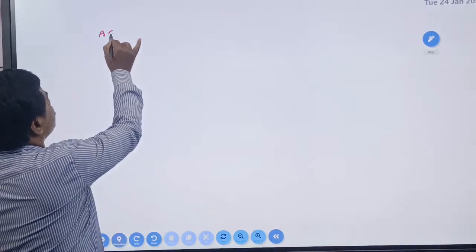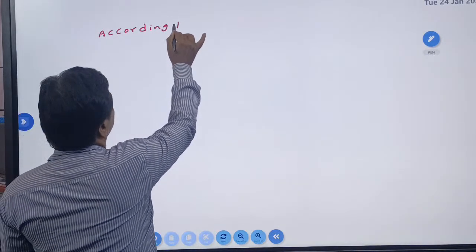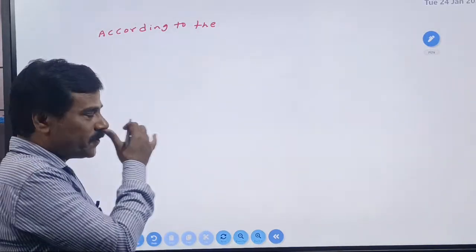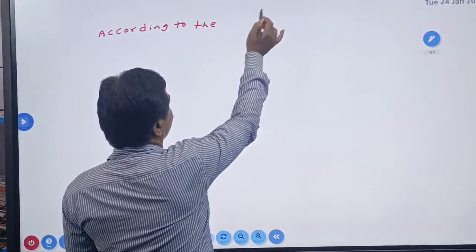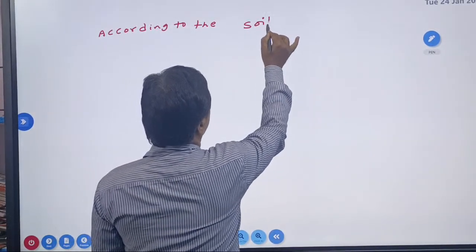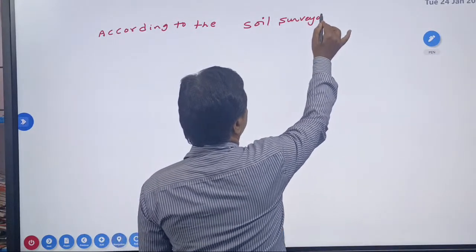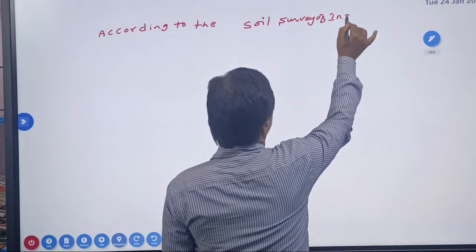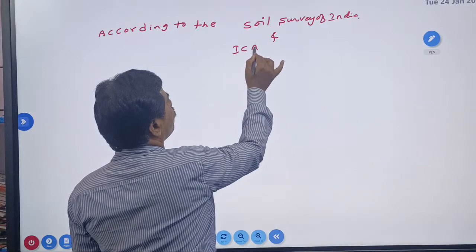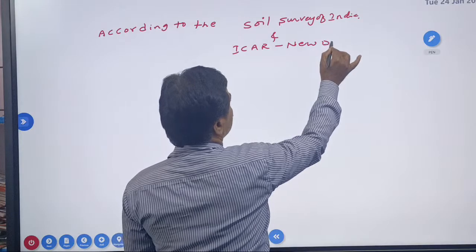According to the Soil Survey of India and also ICAR, New Delhi, both are in New Delhi.